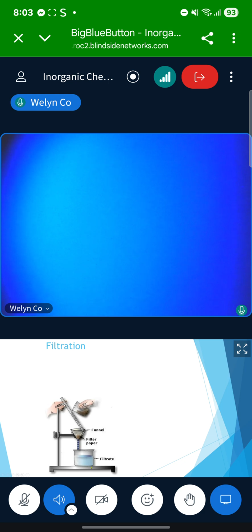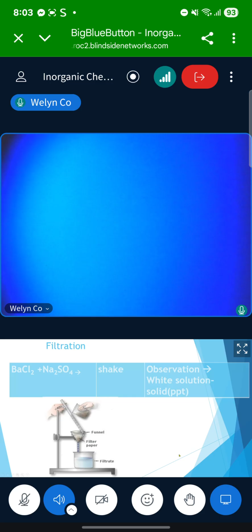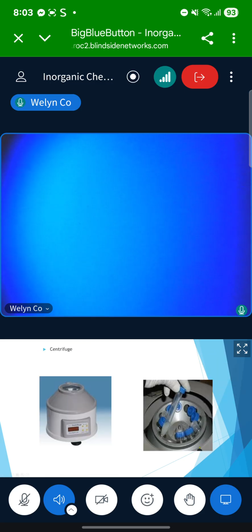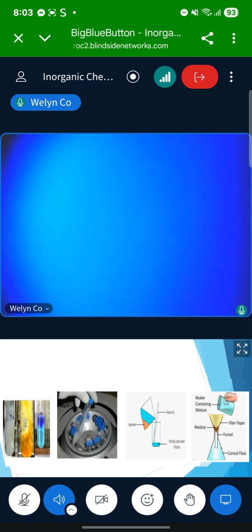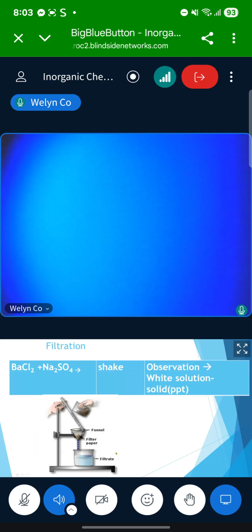If it is on a very small amount, then you can use yung another setup natin, yung conical lang. Ito lang yun. Pag it's only a few ml, then we can use the simple filtration setup. Pag hindi, pag marami, then ito ang need sa'yo. This is the appropriate for a larger volume.